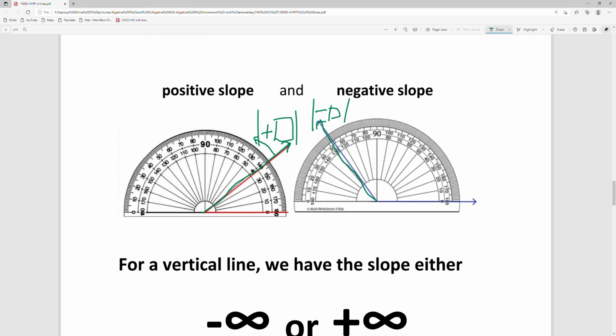When the slope is close to vertical, close to 90 degrees, the value of the slope will be negative more and more and more, or positive more and more and more.